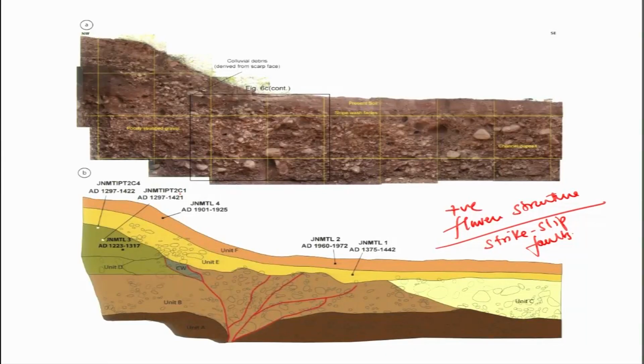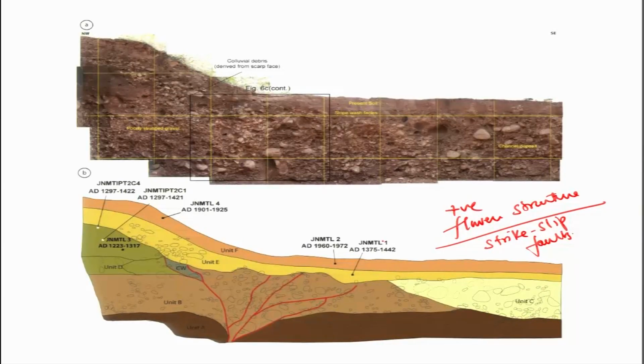The ages with the C number here are all charcoal ages. So we do AMS, accelerator mass spectrometry, dating for those samples. Now what we see is that since this is the capping unit, we try to look at the oldest age of this unit, which is close to, for example, the contact between unit B and unit E. So if we get that, we will pick it up.